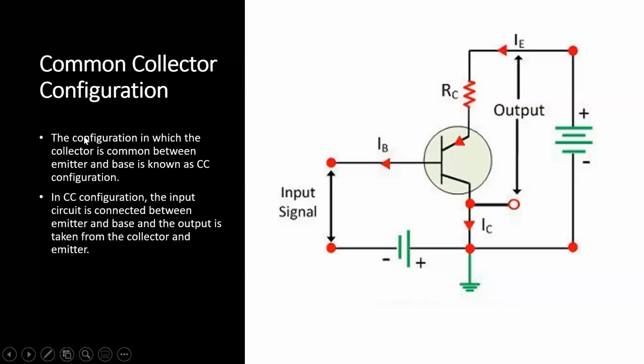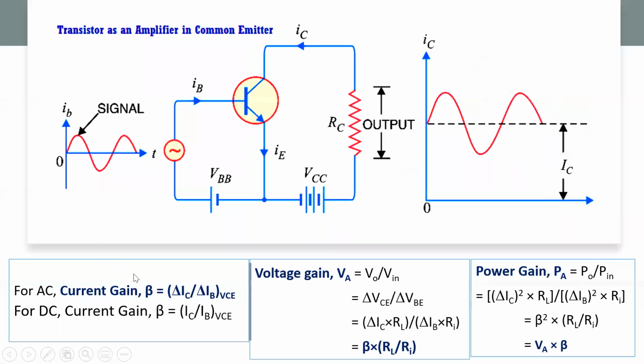Now, as you can see here in the configuration, the collector is common between emitter and base. Here you can see this is the collector, which is connected both to the base and to the emitter. So collector is common. And in CC configuration, the input should be between the collector and base, right?